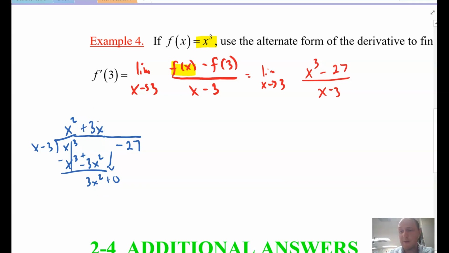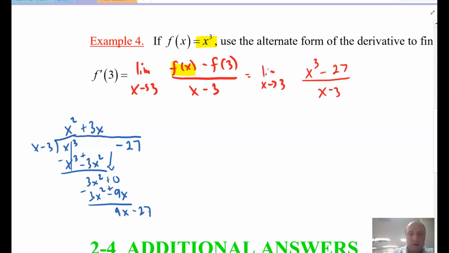Then I'll multiply, 3x times negative 3, that's negative 9x. We'll change our signs, negative, positive. So I have 9x, bring down the negative 27.